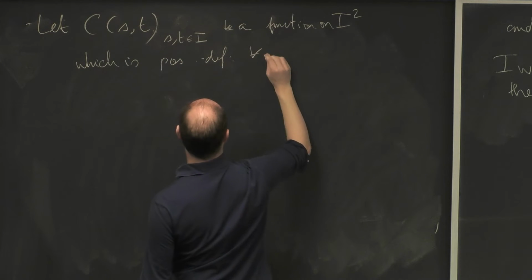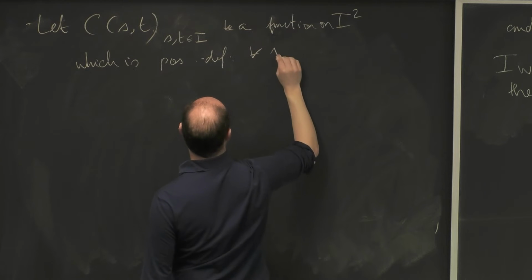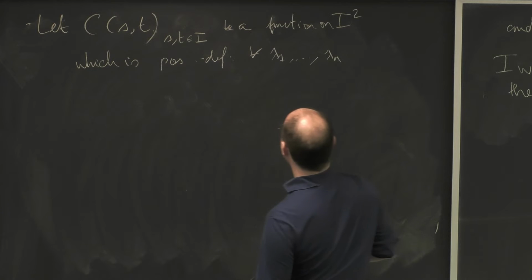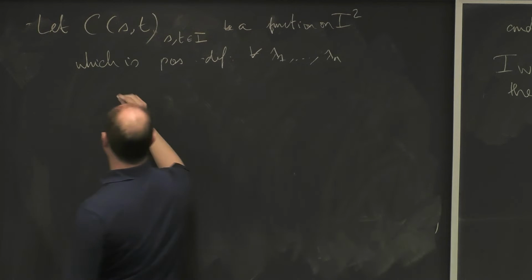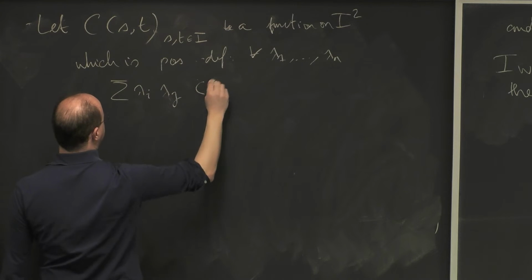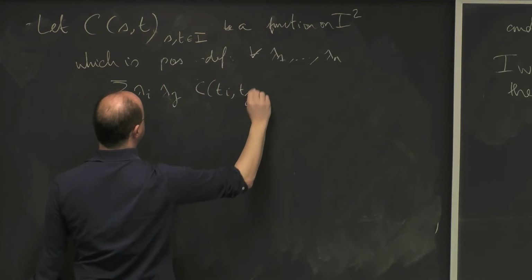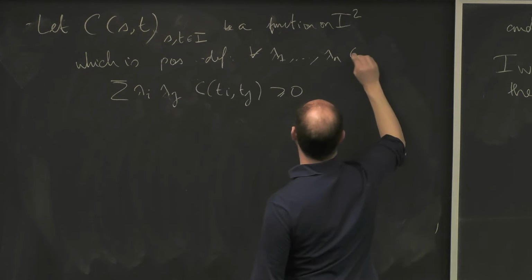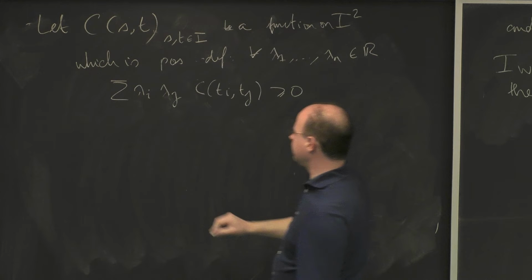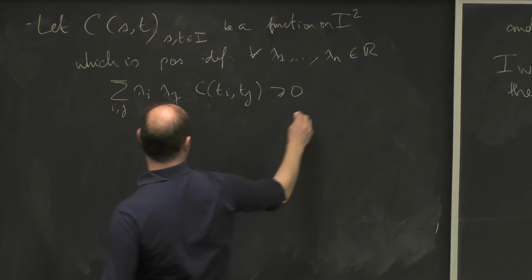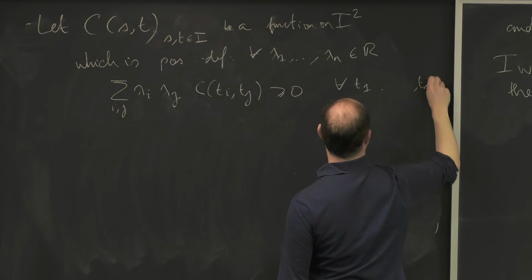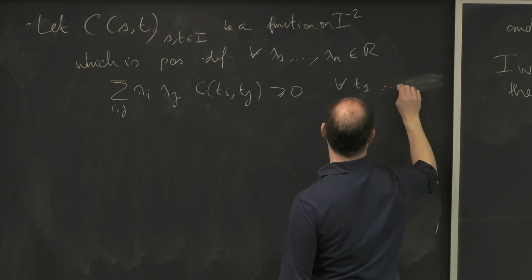That means for every lambda_1 through lambda_n, the sum of lambda_i lambda_j C(t_i, t_j) should be non-negative, for all choices.